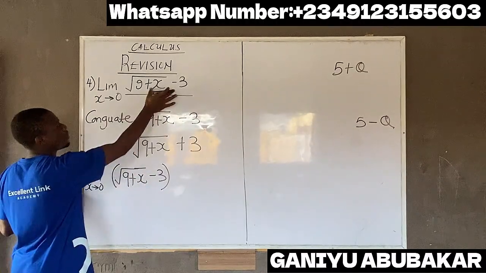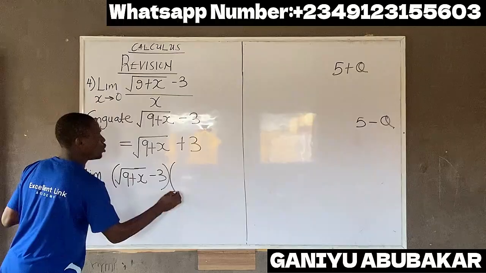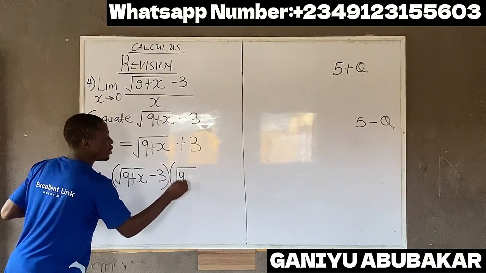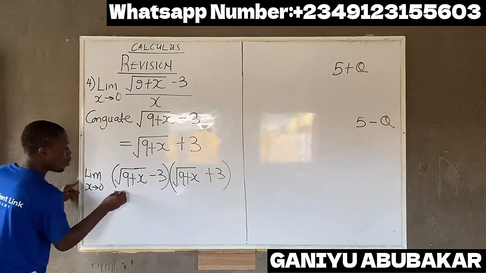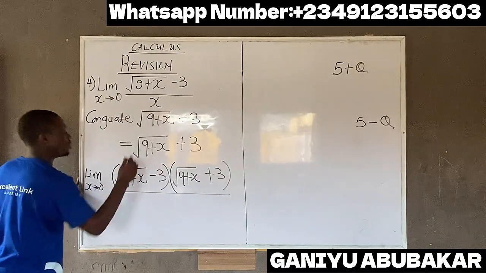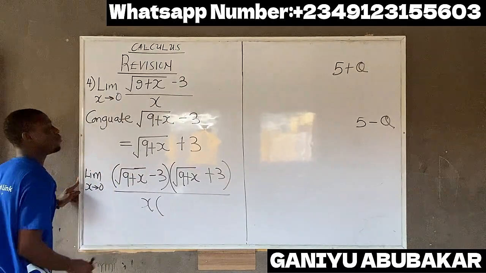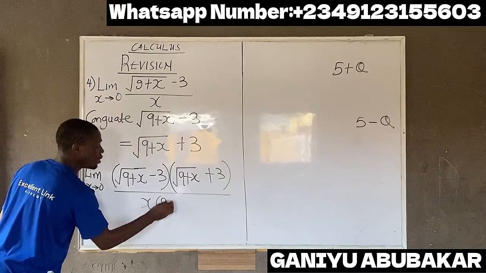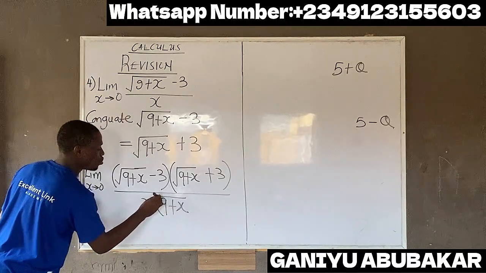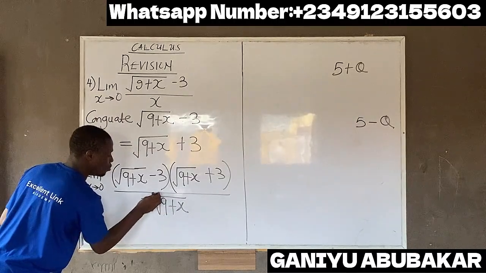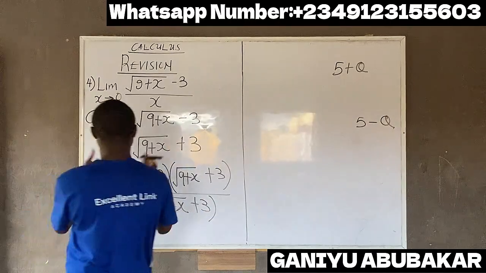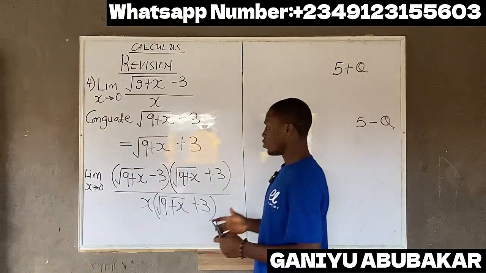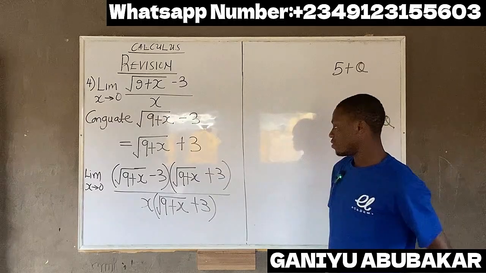Multiply this by its conjugate, root 9 plus x, then plus 3, all over the denominator, which is x, still multiplied by the conjugate. That gives you x times root 9 plus x plus 3. This is how you evaluate rationalization here. So I have this here.